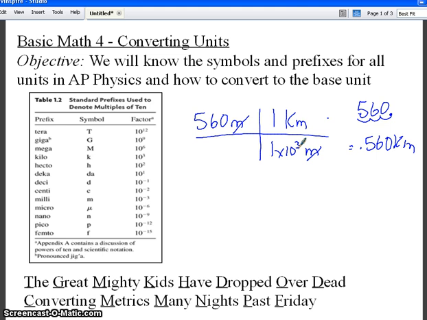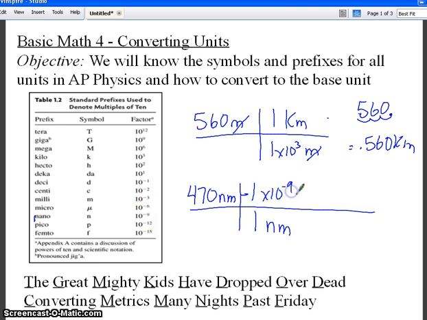What's common? Let's do light. Let's do 470 nanometers is how many meters? 470 nanometers is a wavelength of light. We'll learn about that later. How many? Well, 1 nanometer is equal to 1 times 10 to the negative 9th meters, because I get that right here.